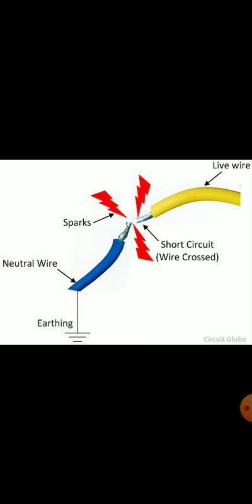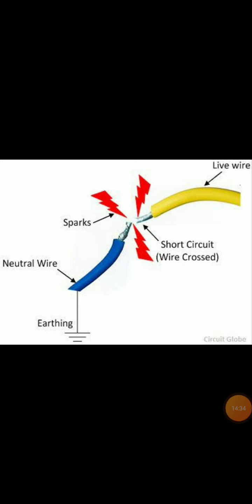What is it? When there is overloading, when the live wire and the neutral wire come into direct contact, in this type of situation, the current in the circuit increases and that is called short circuiting.